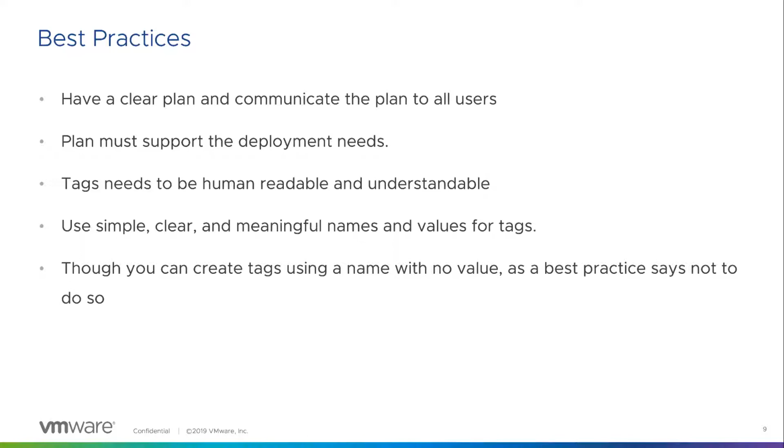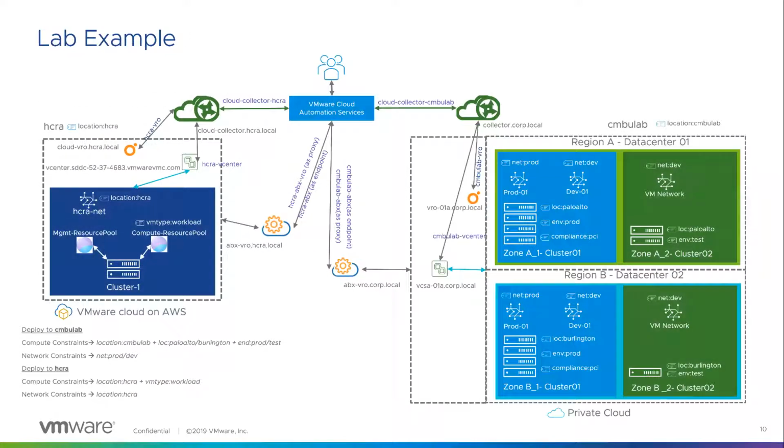It just needs to be meaningful. And though you can create tags using a name with no value, as I mentioned in the first slide, the typical format is name, then colon, and then value. You may omit the value portion, but you should not. That's the best practice, because it can create confusion later on.